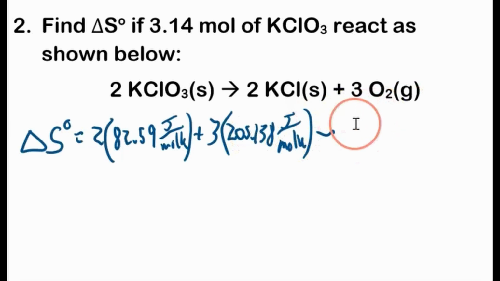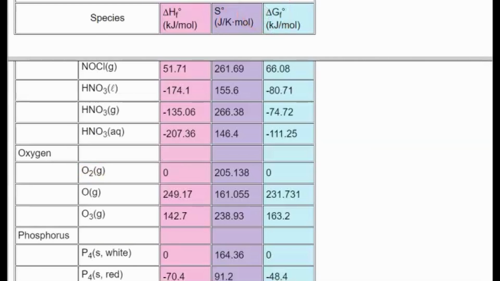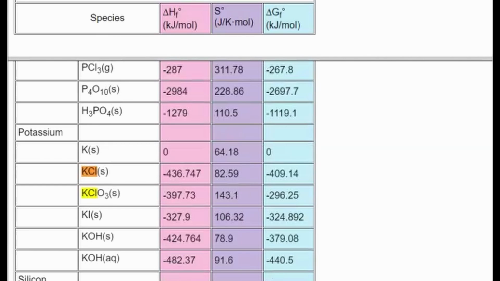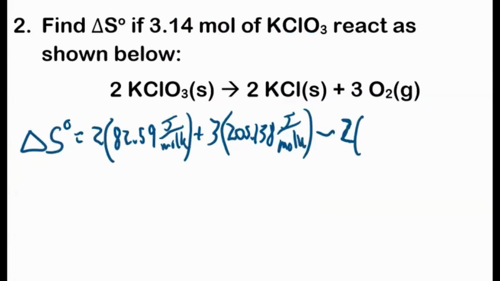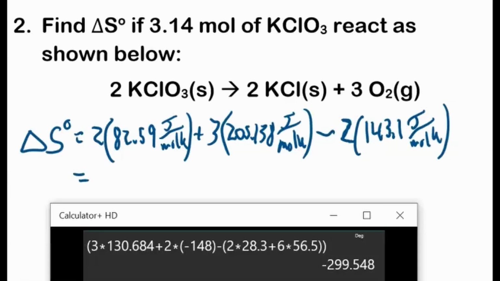We don't need a big bracket here because there's just one reactant, although you might want to include it just so you don't forget it, of KClO3 solid. That's what we have here. 143.1 joules per mole Kelvin. All right, so we're going to solve for this. And again, this isn't our answer, right?